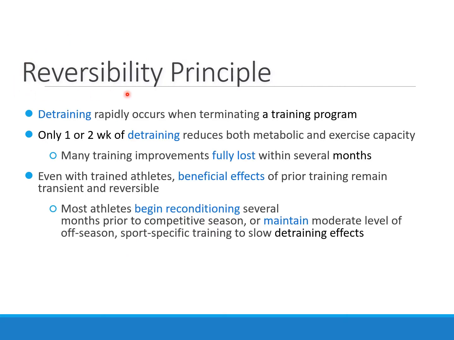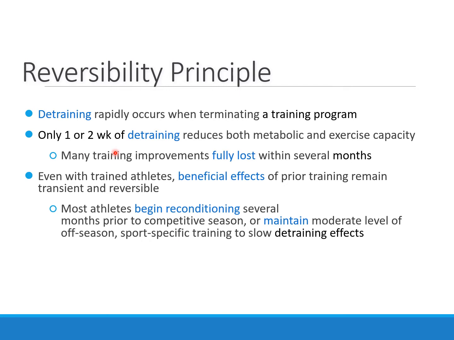So next is the reversibility principle, and this one basically means use it or lose it. We actually can see detraining effects happen very quickly after someone stops a training program. Sometimes that can happen as quickly as 1 to 2 weeks after they've stopped.